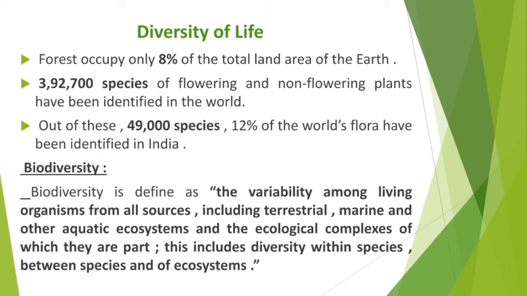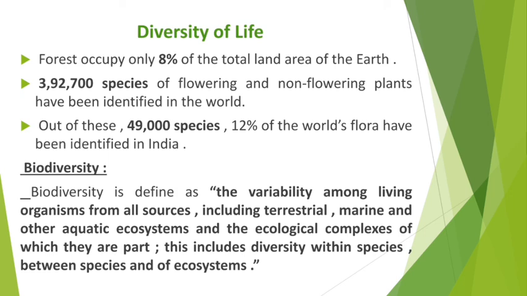Then again, between species and of ecosystem. Some diversity you will find within the species, between the species, and of the ecosystem. Understood? So this is a definition of biodiversity.